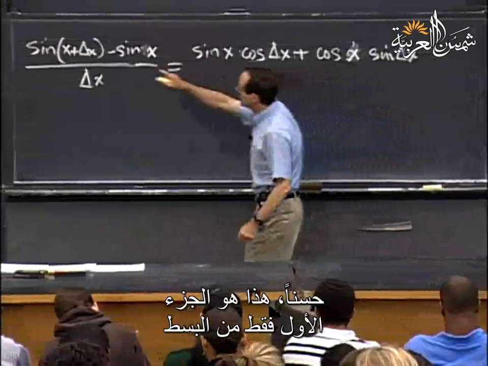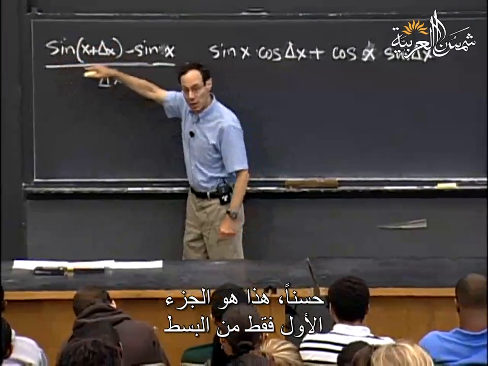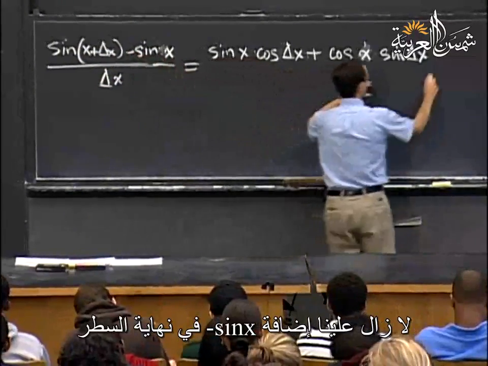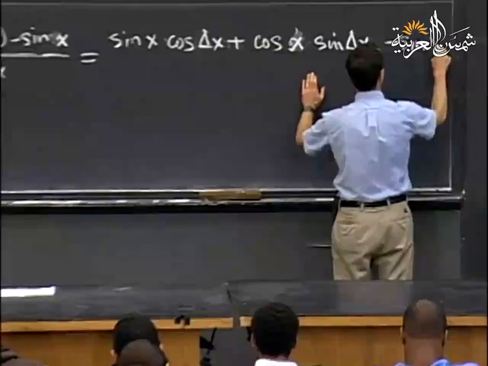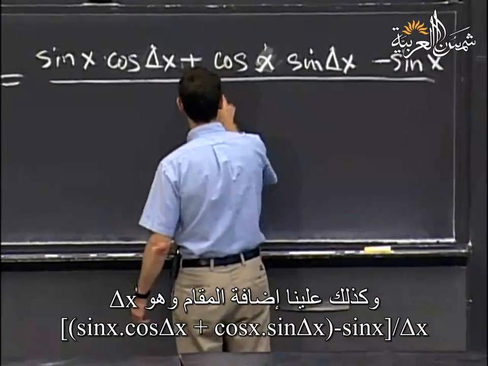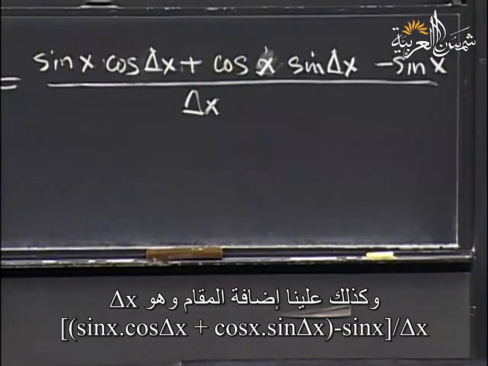Now that's just the first part, just this part of the expression. I still have to remember the minus sine x. That comes at the end. And then I have to remember the denominator, which is delta x.